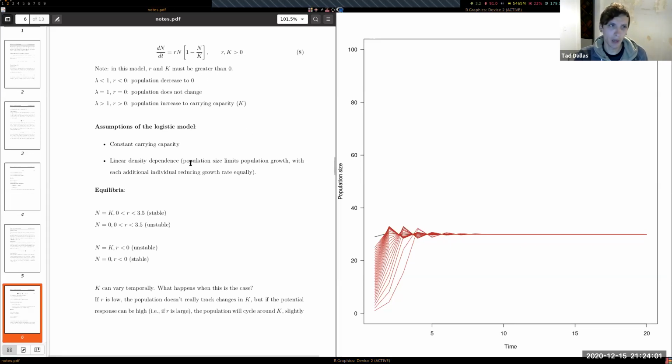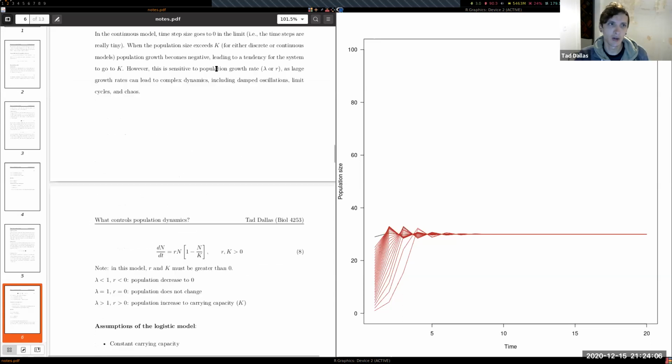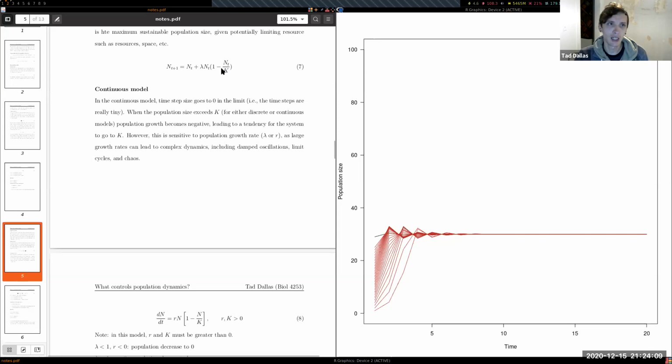When I'm above my carrying capacity in the logistic equation, that means my n at time t is greater than k, which means this quantity is negative, which means my population size is going to be my population size at time t minus some quantity, meaning I'm going to lose individuals. And that's what happens. It bounces down, overshoots again, bounces back up, overshoots again, bounces back down, overshoots ever so slightly, and then hits carrying capacity. This phenomenon here is called damped oscillations, right?